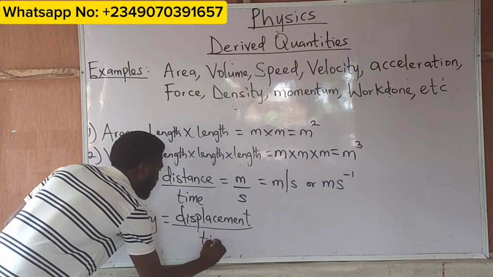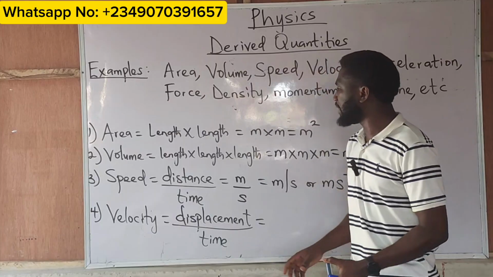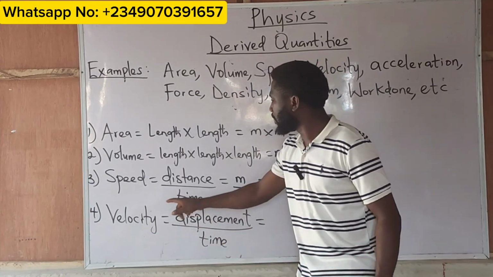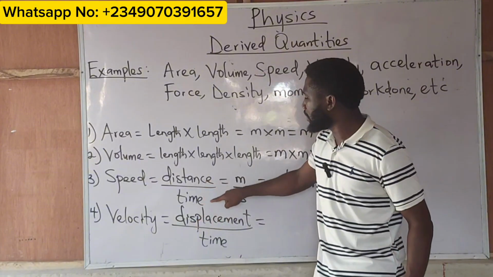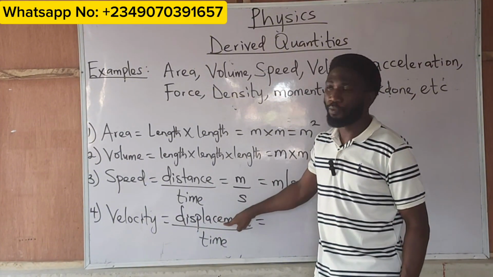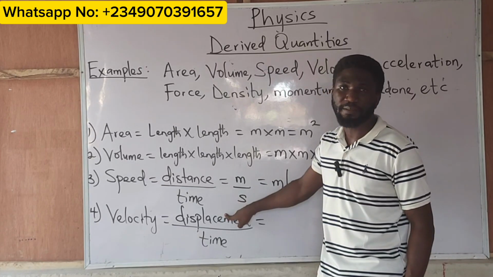So as you can see, the only difference between speed and velocity is distance and displacement. One has distance, one has displacement.